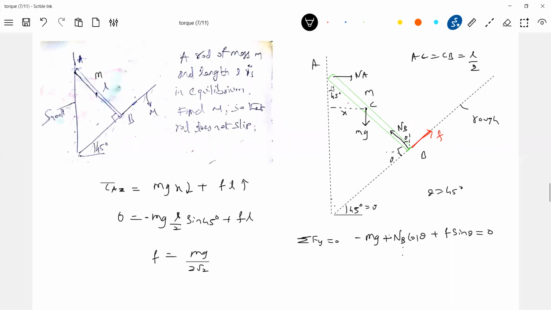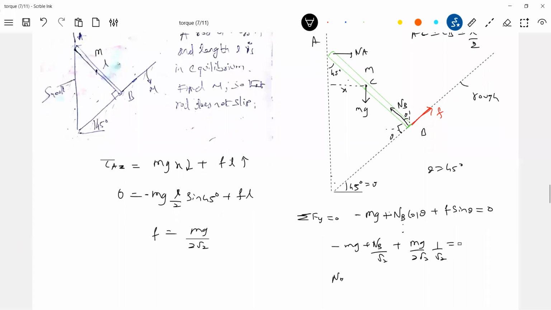If I know NB, then I can write F equal to mu NB. So let me simplify. mg equal to NB by root 2. F is mg by 2 root 2, times 1 by root 2. So NB is equal to, I'll get, 3 mg by 2 root 2. We know F equal to mu NB.